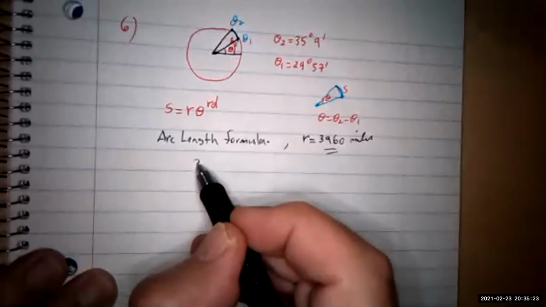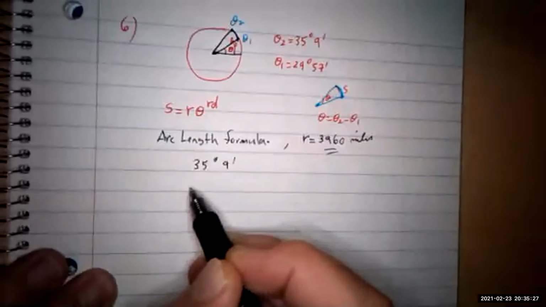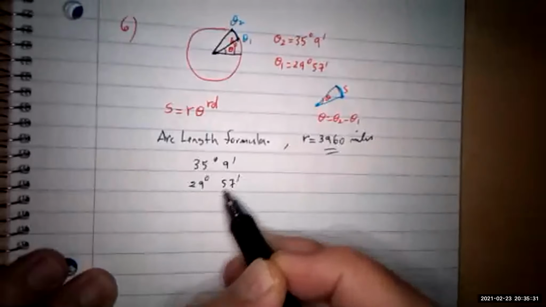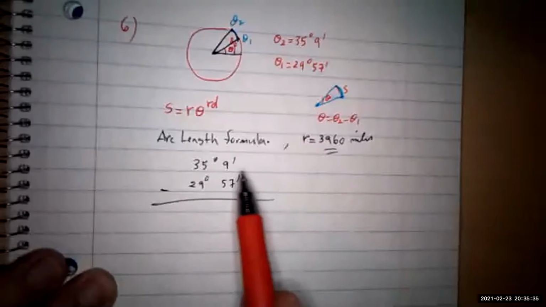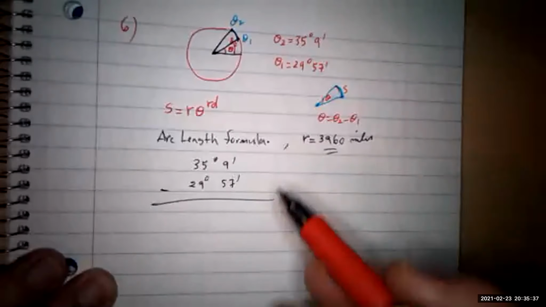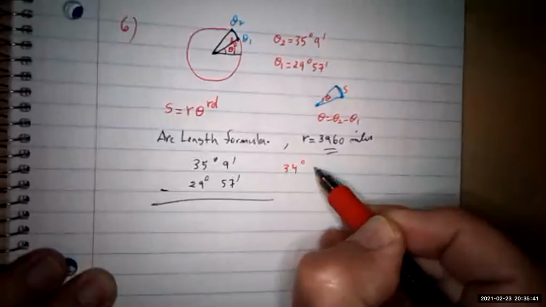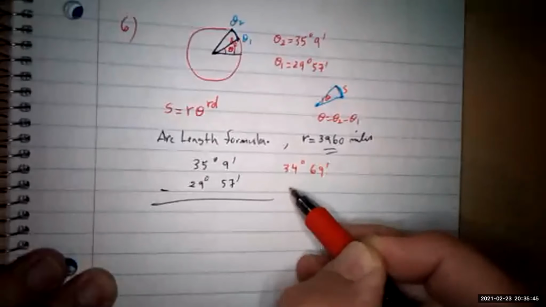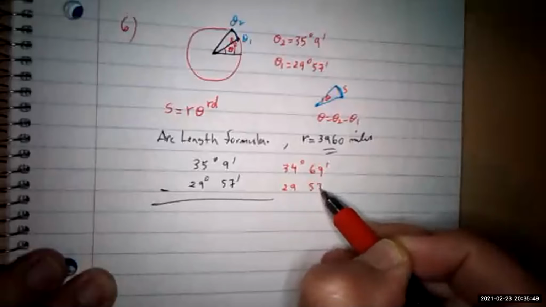You have the 35 degrees, 9 minutes, and this is 29 degrees, 57 minutes. We cannot subtract it, so we have to borrow from the top. We make this 34 degrees, but this is going to be 69 minutes, and this is 29 and 57.